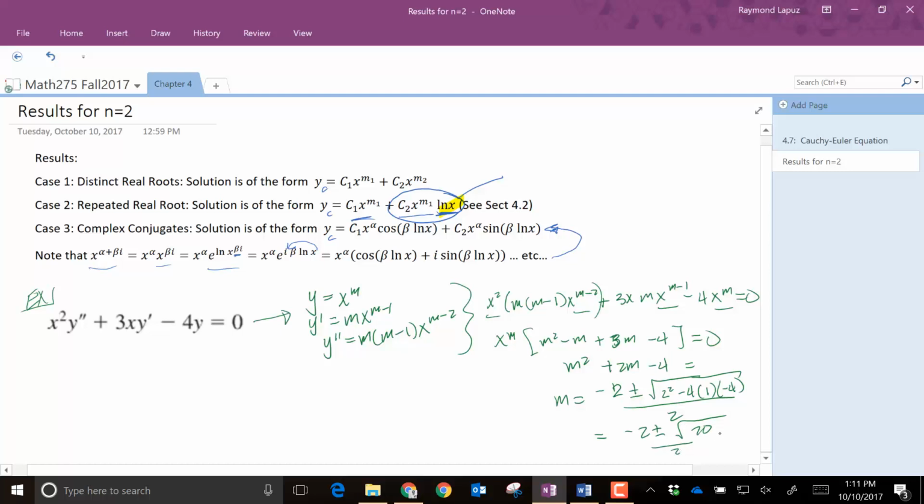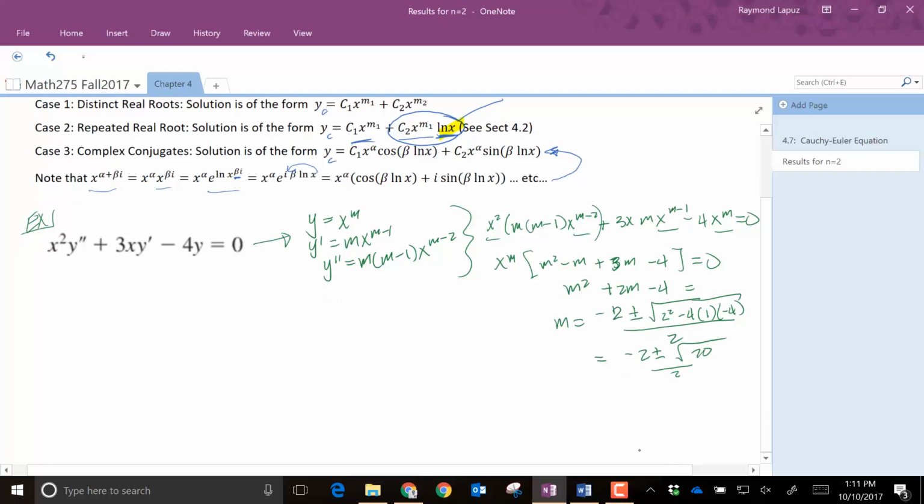I think I can factor out a 4 to make it look a little nicer. So 4 under the square root is 2 outside, and that's root 5, so that would be minus 1 plus or minus root 5. It's almost the golden ratio.